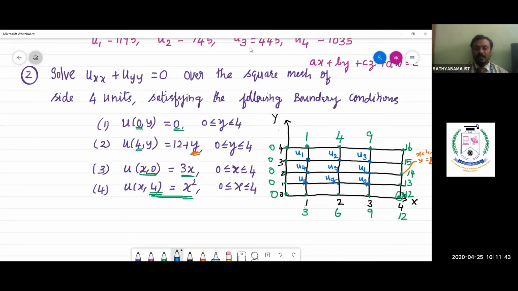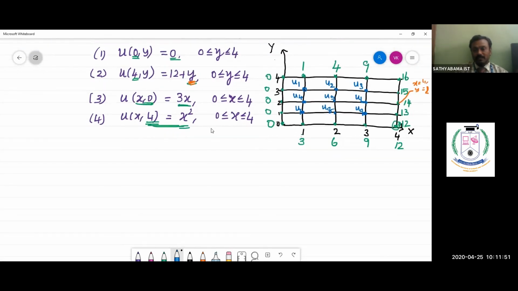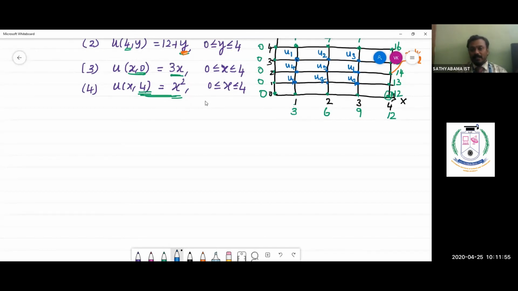We apply the same standard 5-point formula to get these mesh values, but that will result in 9 linear equations which we cannot solve manually.